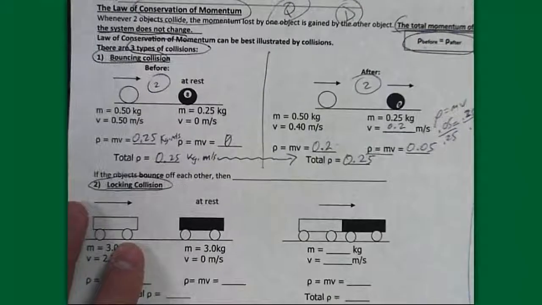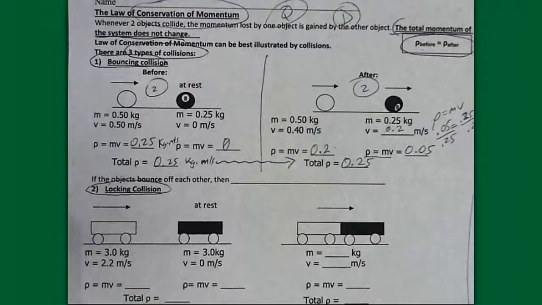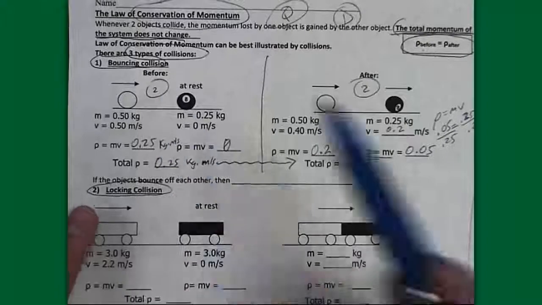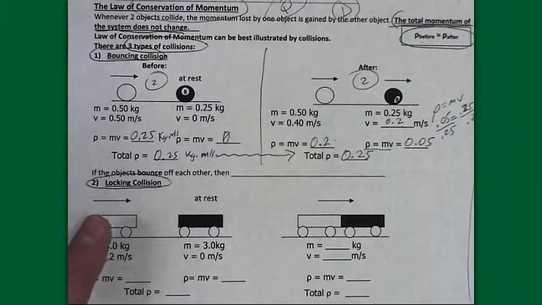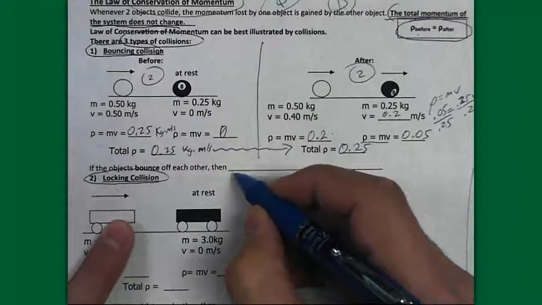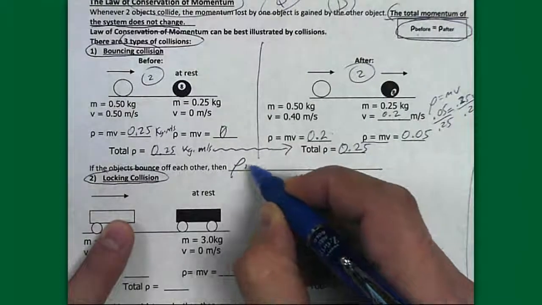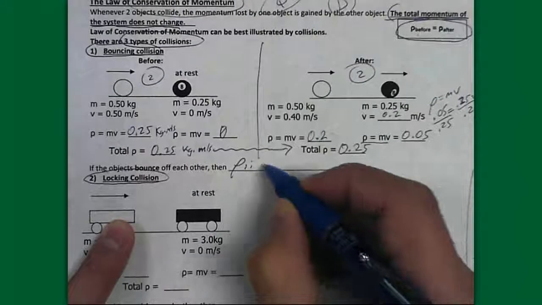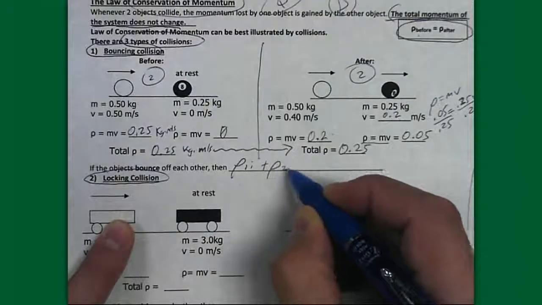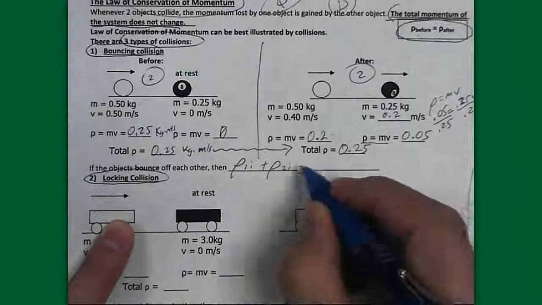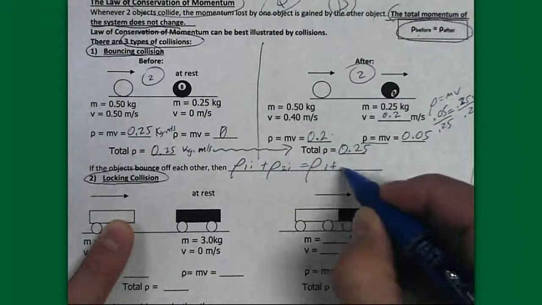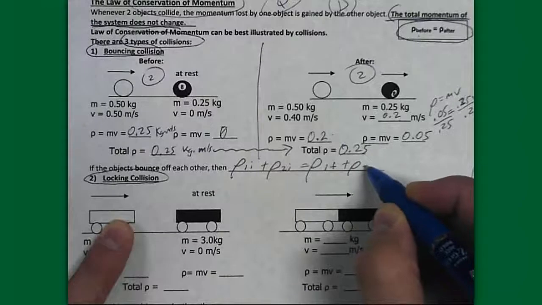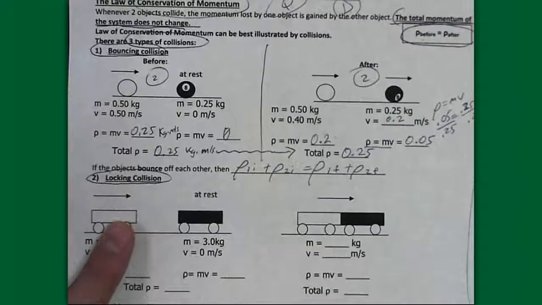That's important to know, because if you're solving this algebraically, then each separate object must get its own row. It must get its own momentum. So to write that algebraically, I can say that the initial momentum of object number 1 added to the initial momentum of object number 2 must equal the final momentum of object number 1 added to the final momentum of object number 2.